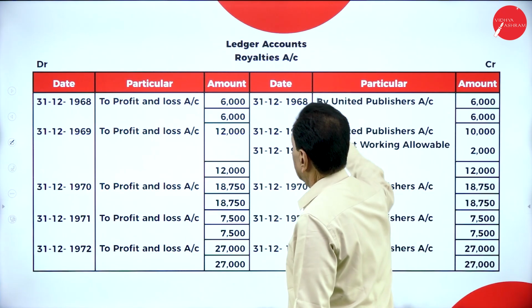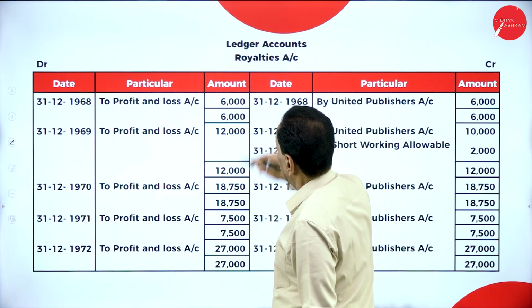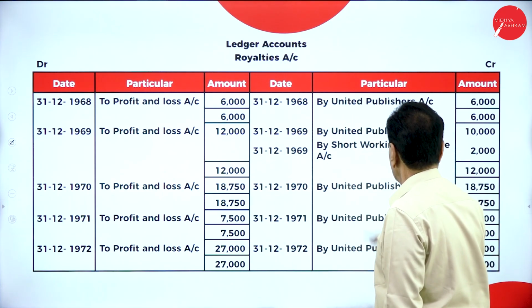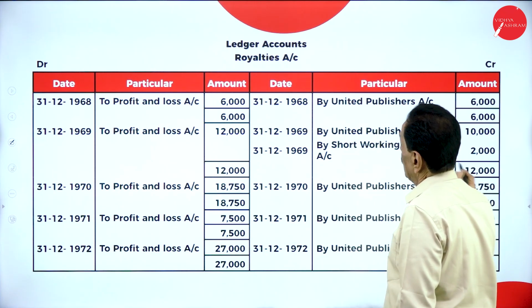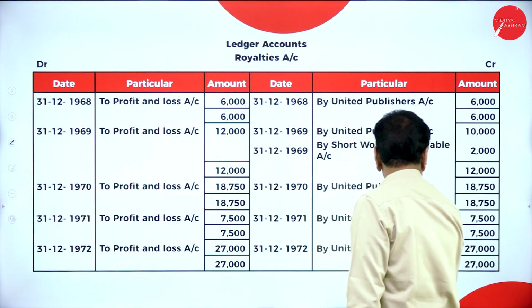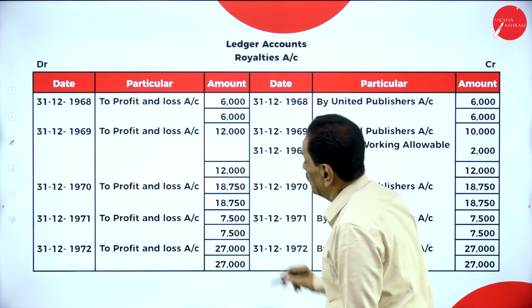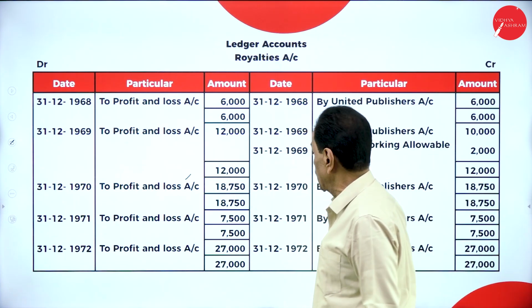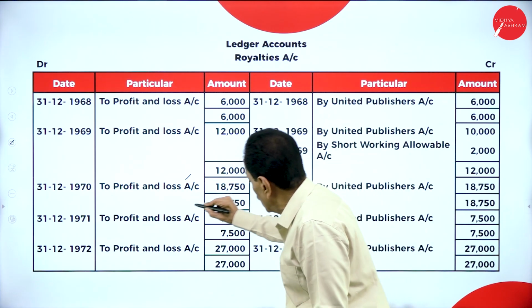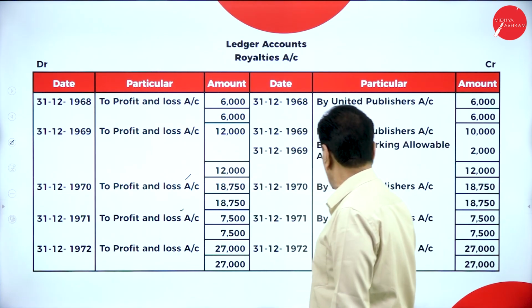Ledger, royalties account: to United Publishers, royalty to profit and loss account. United Publishers 10,000, short working 2,000, to royalties account, to profit and loss account 12,000. By United Publishers 18,750. To P&L account 18,750. By United Publishers 7,500. To profit and loss account 7,500.